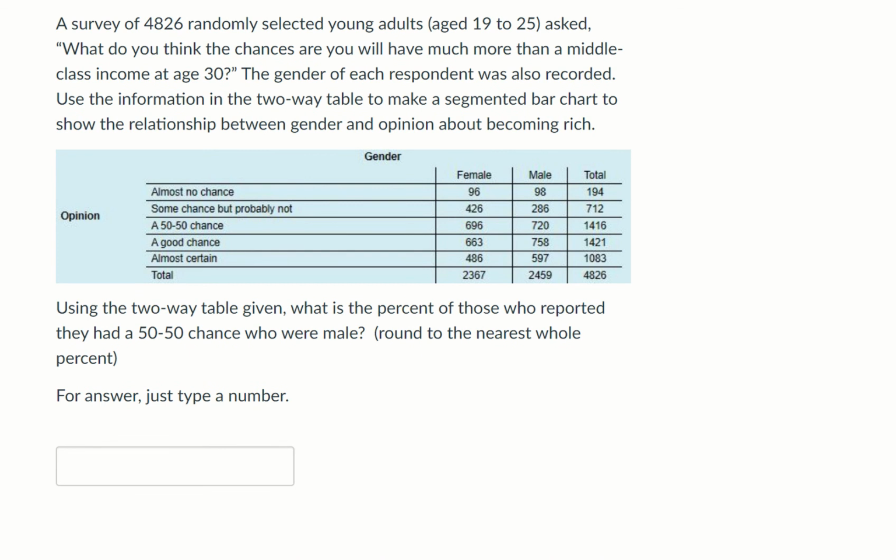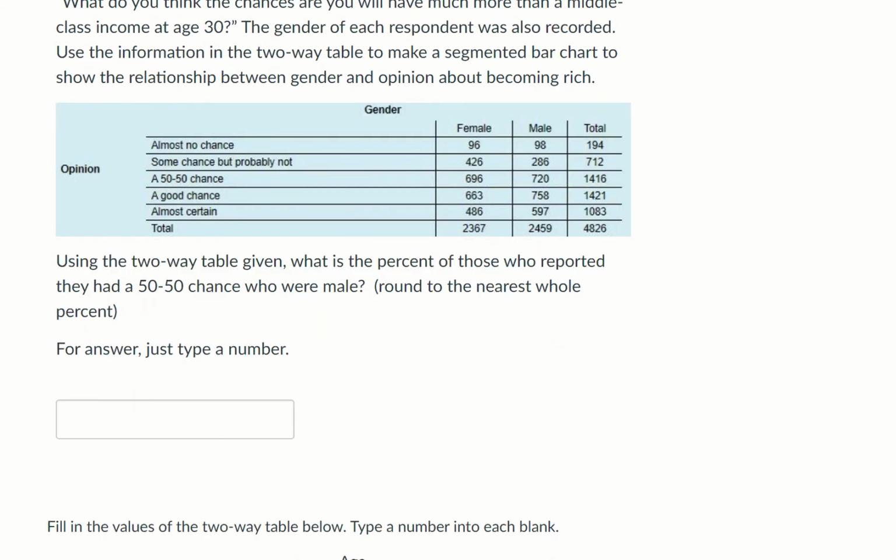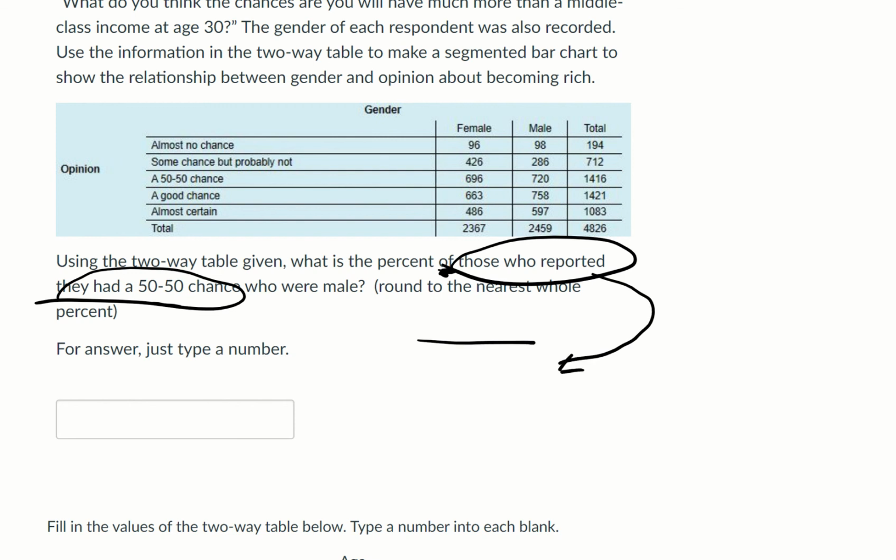All right, a survey of 4826. So this is the same exact thing, but this time they're asking, using the two-way table, what is the percent of those who reported they had a 50-50 chance who were male? So percent of, the of goes on the bottom, of who? Of those who reported they had a 50-50 chance. So that goes on the bottom. How many total people reported that they had a 50-50 chance?